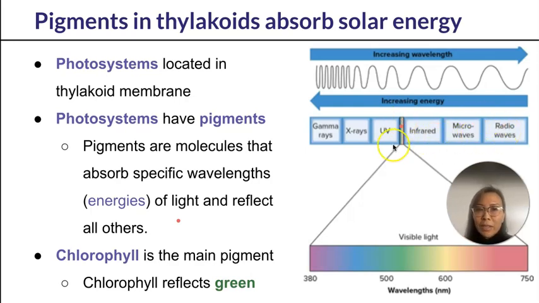So let's come back to pigments absorbing specific wavelengths. Pigments are able to absorb different wavelengths of light energy, and whatever they can't absorb, they will actually reflect out. So when I am wearing, for example, a black shirt right now, my shirt is absorbing all this light energy, and the color it's not able to absorb is reflected back.